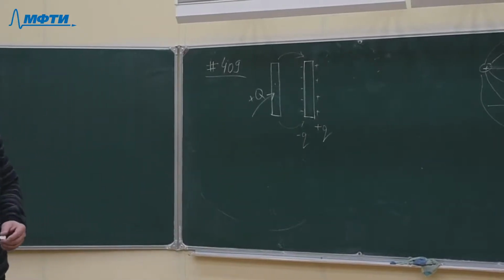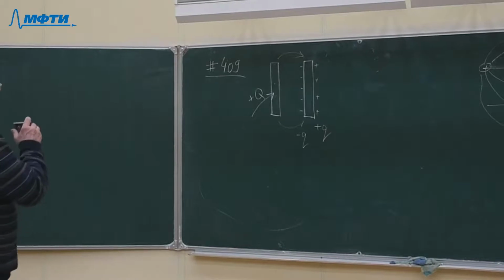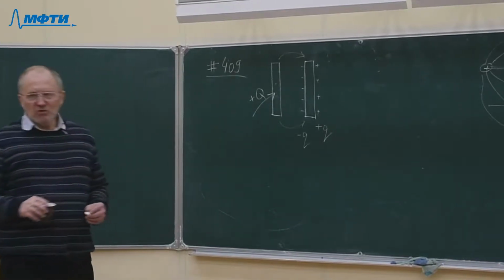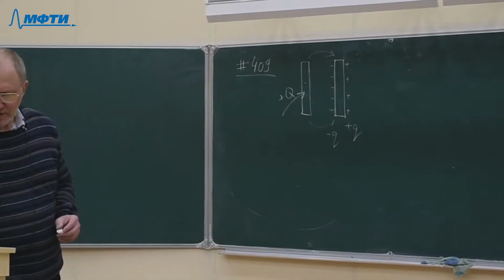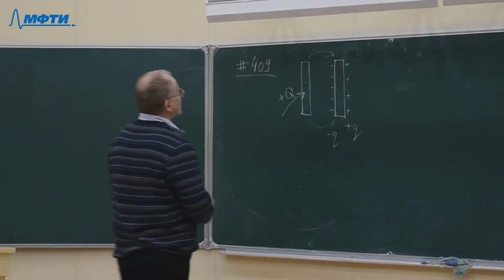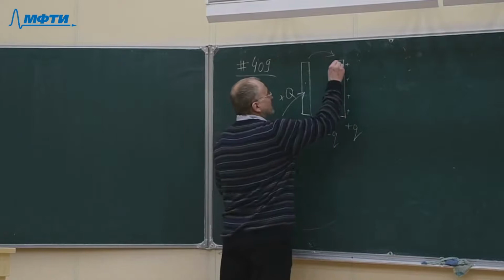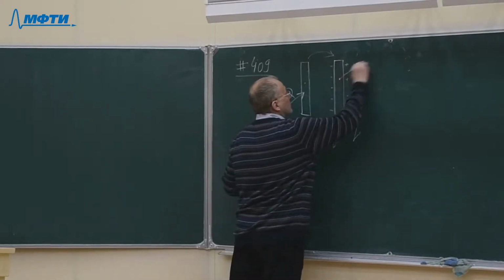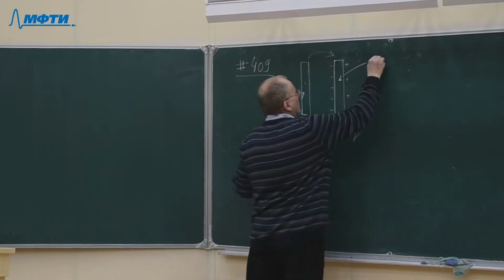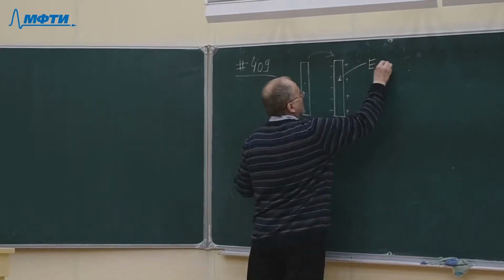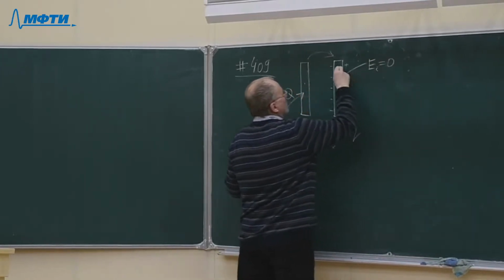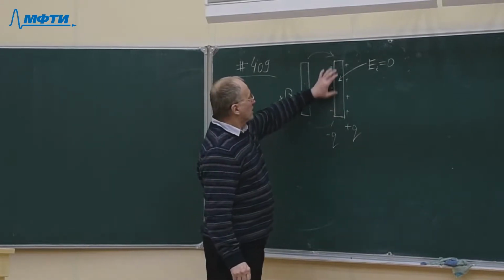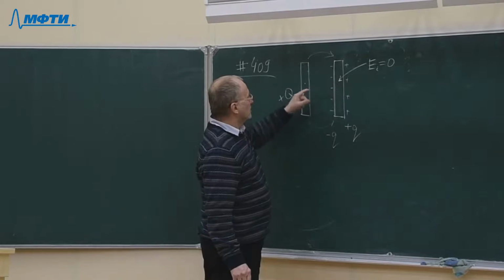So, what do we know exactly in this problem? What do we start from in the solution? We know exactly that inside the conductor the field is zero. The electric field here inside the conductor is certainly zero. We know this for certain because in electrostatics the electric field does not go inside the conductor.